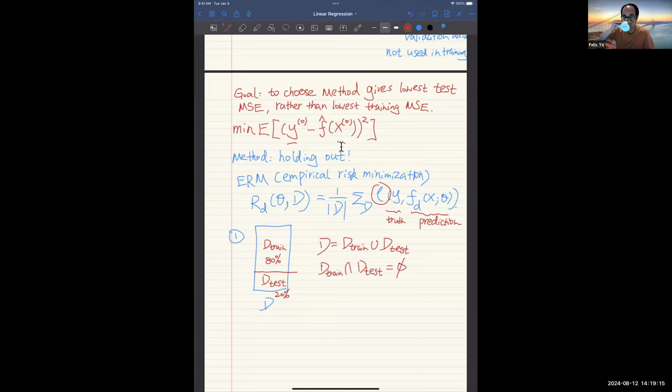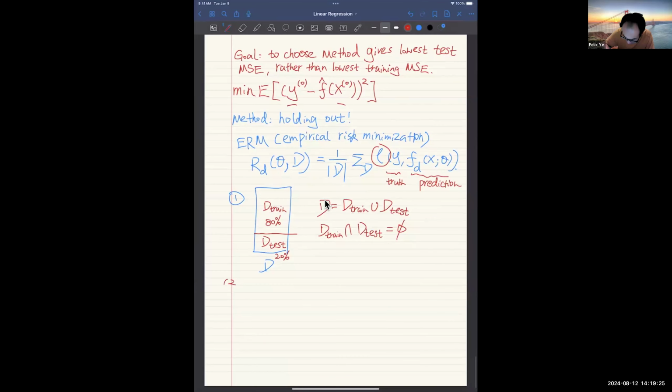So what we do is, on the splitting, the whole idea is we're going to fit the model on D train and evaluate performance on D test.